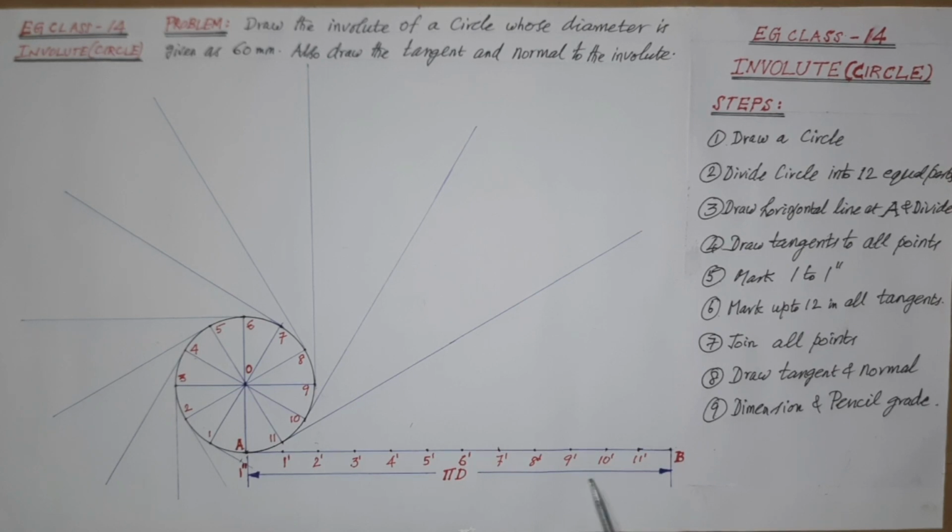That is, first take A to 1 dash as distance using compass and mark it from circle point 1 as distance to the corresponding tangential line as shown. Mark this point as 1 double dash.